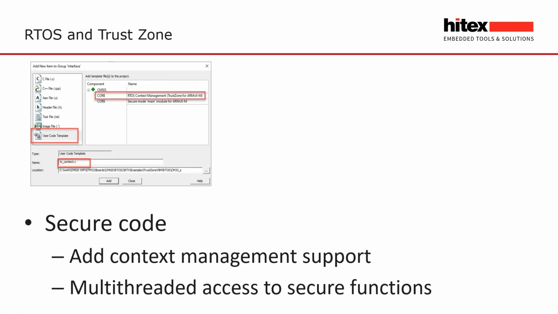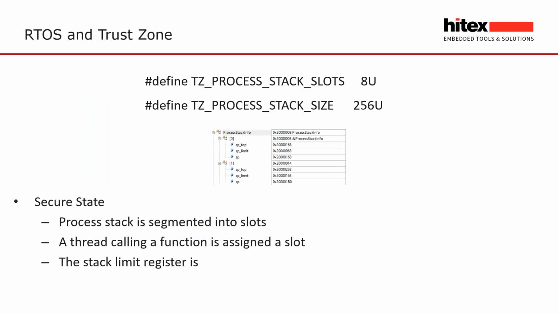And in order to do that, we need to add some context management functions to our secure project. So again, here we have a user code template in our secure code, and then we add this RTOS context management. This is a small number of functions, and they're only a few lines each, but they essentially will take the process stack that's in the secure world, and divide it into a number of slots.